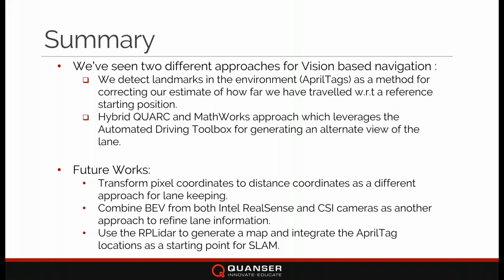But also we were able to see how we can leverage some of the MathWorks toolboxes to get a more flexible approach for autonomous driving applications. So this is a hybrid Quarc and MATLAB-centric example, which just opens up another set of possibilities.